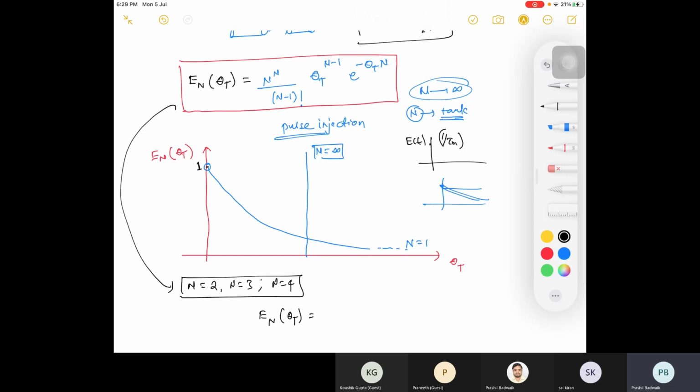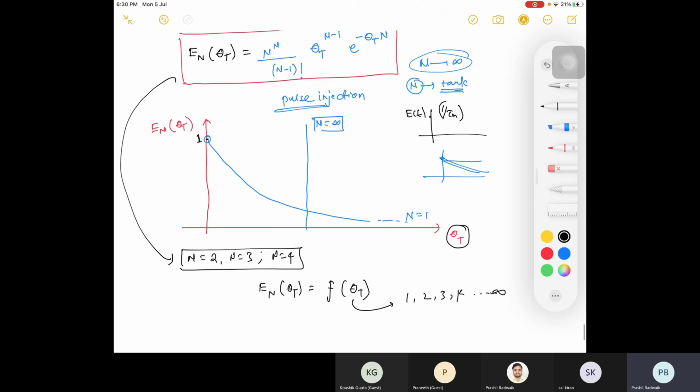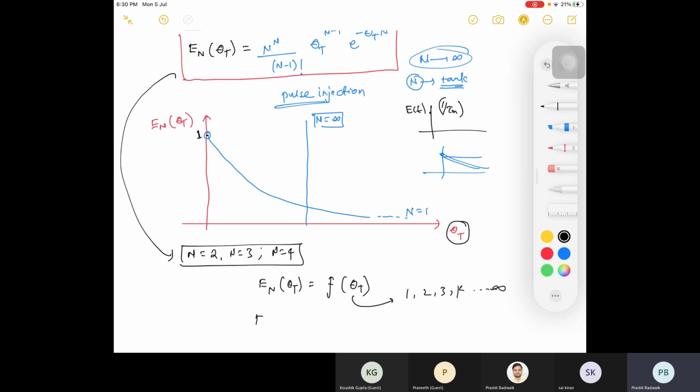If you substitute values of theta t, you will get a curve between En theta t and theta t. If you plot that curve, that will be homework. Please do this activity.